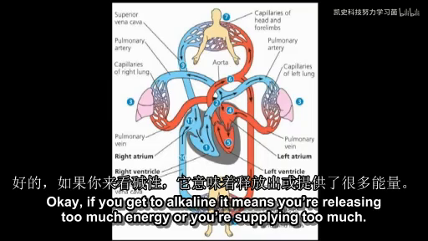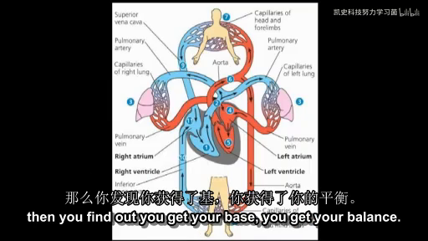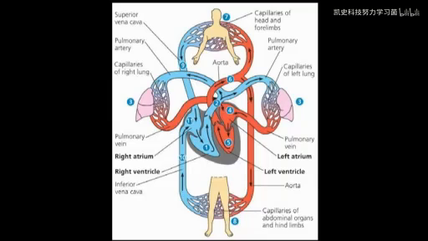If you get to alkaline, it means you're releasing too much energy, or you're supplying too much. If you are supplying and you increase the division by adding a nitrogen, then you get your base, you get your balance. Understand the totality, not by name.